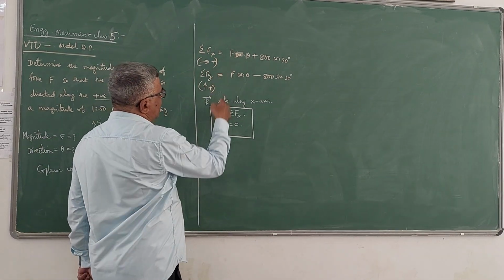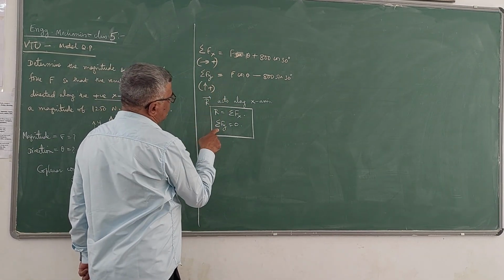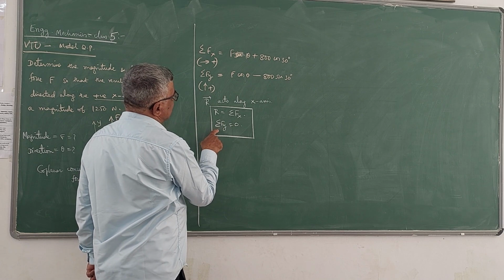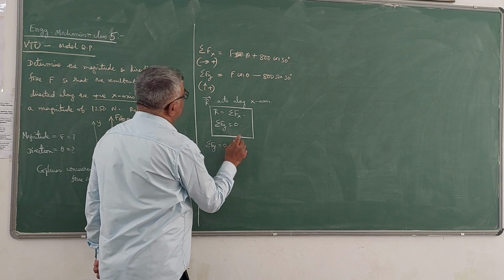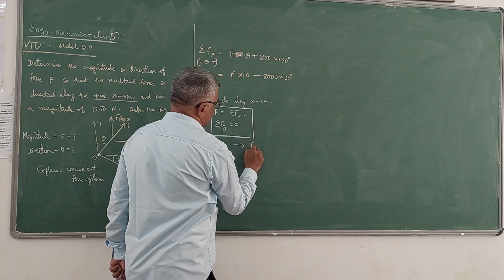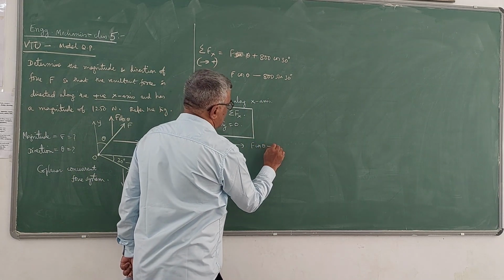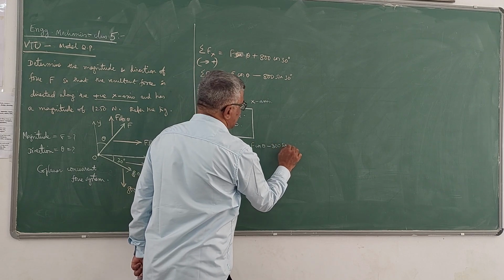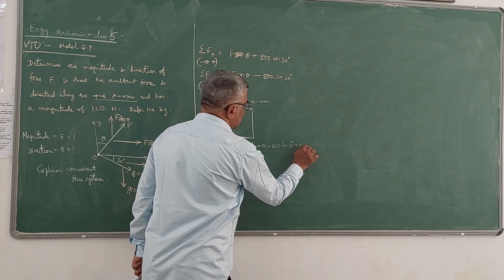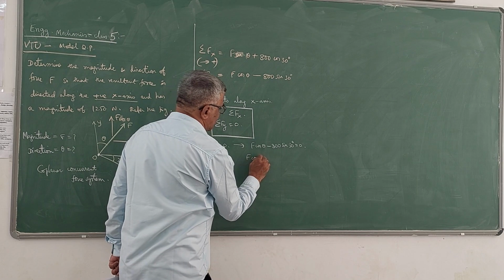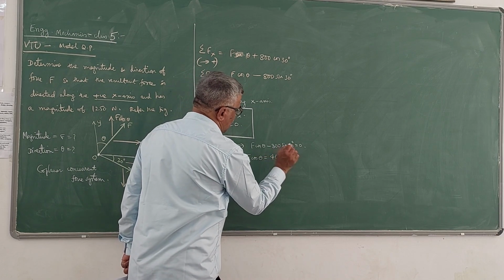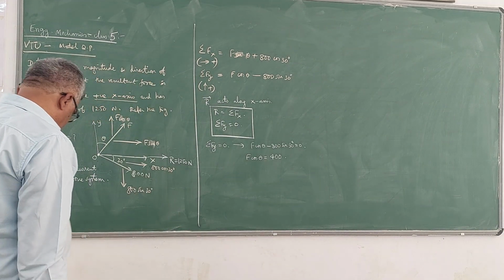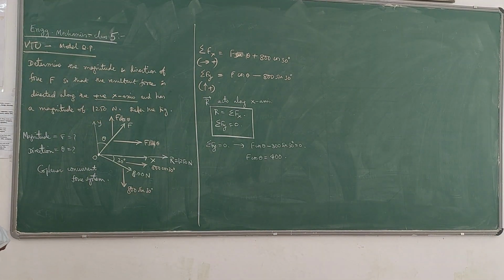Now you have to use these two things. Let me use this second condition, sigma Fy is 0. F cos theta minus 800 sin 30 is equal to 0, or F cos theta is equal to 800 sin 30, which is nothing but 400 because sin 30 is half. So F cos theta will be 400.